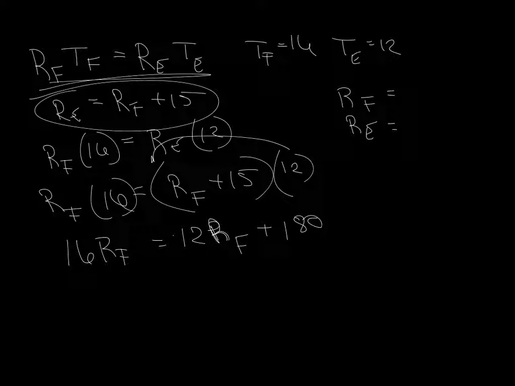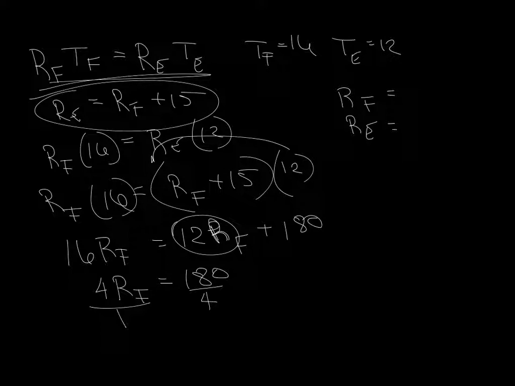Okay, now we're going to subtract this from both sides. So 16 minus 12 is 4 RF. Divided by 4. Divided by 4, so our RF equals 180 divided by 4, which is 45. Okay, so that's our RF.